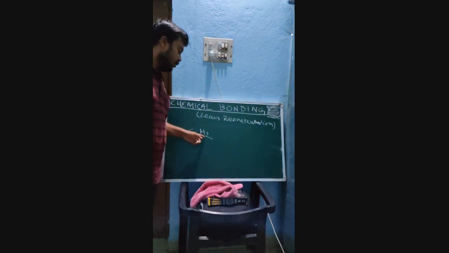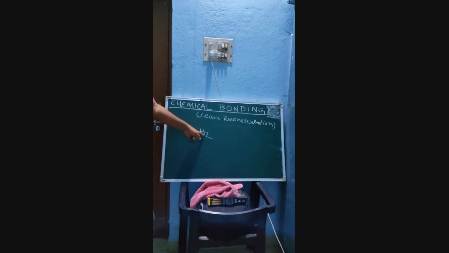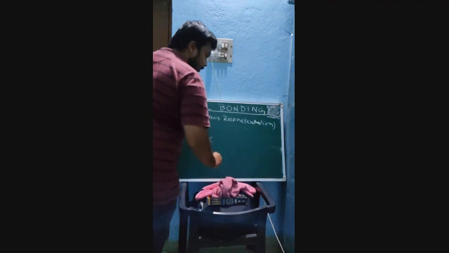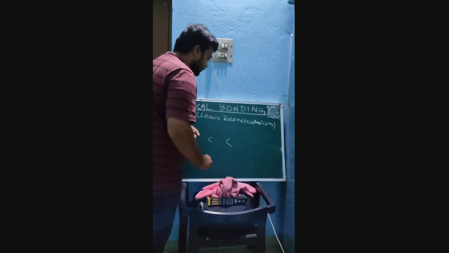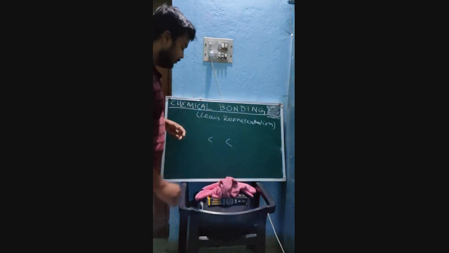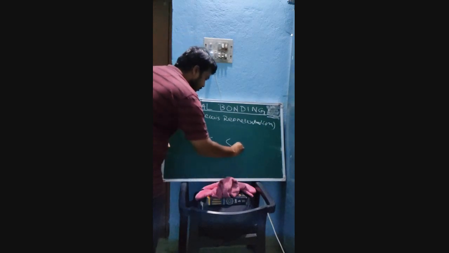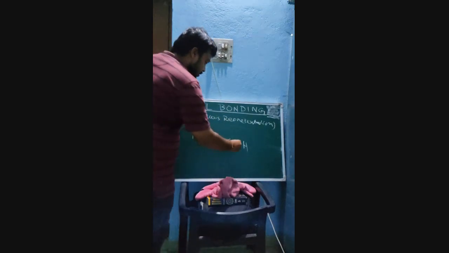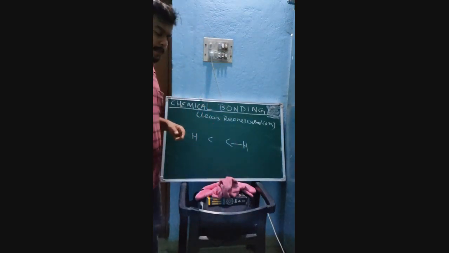So the central atom will be the least electronegative, that is carbon, because hydrogen needs only 1 electron to complete the octet, but carbon needs 4 electrons. So carbon is the least electronegative, and carbon will be at the center. There are 2 carbon atoms, so I can write them like this, and there are 2 hydrogen atoms. Now hydrogen needs 1 electron, so it can form a single bond, and this hydrogen also needs 1 electron, so it can also form a single bond.